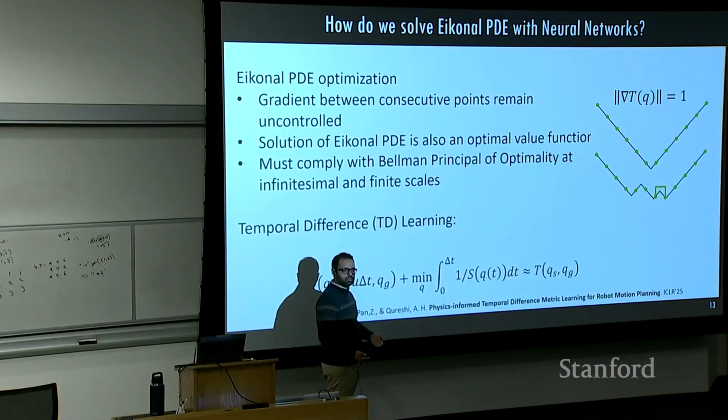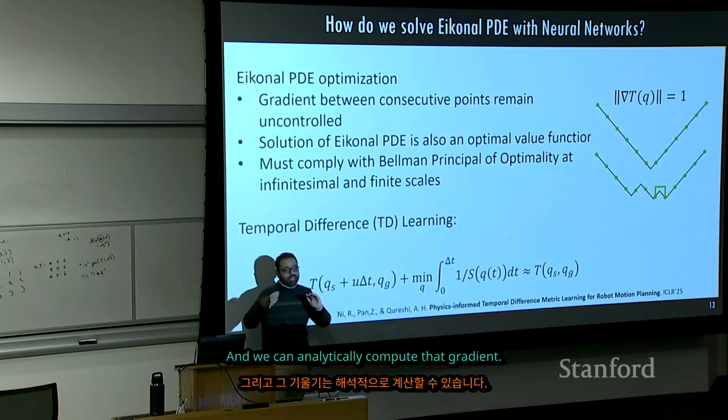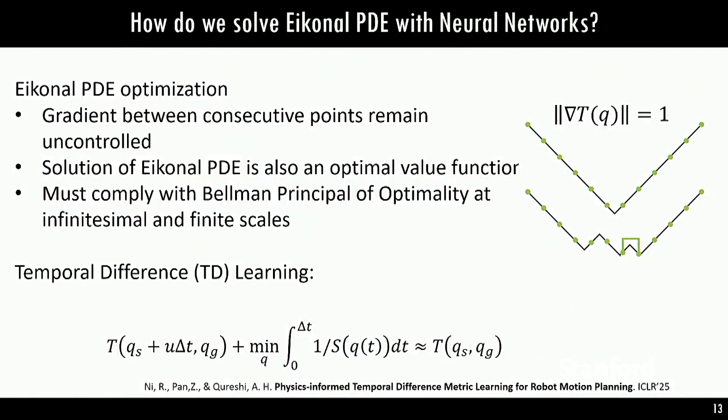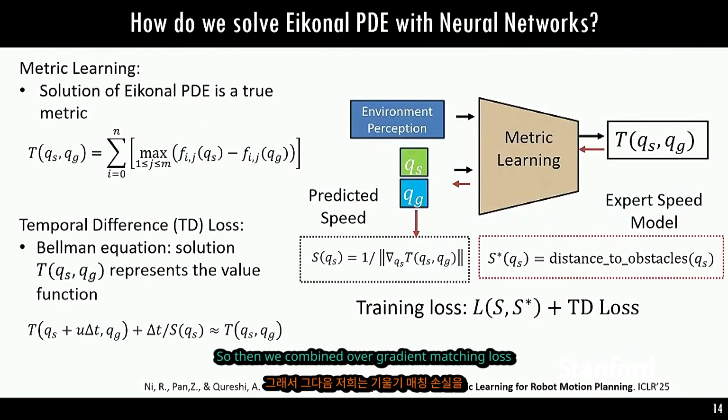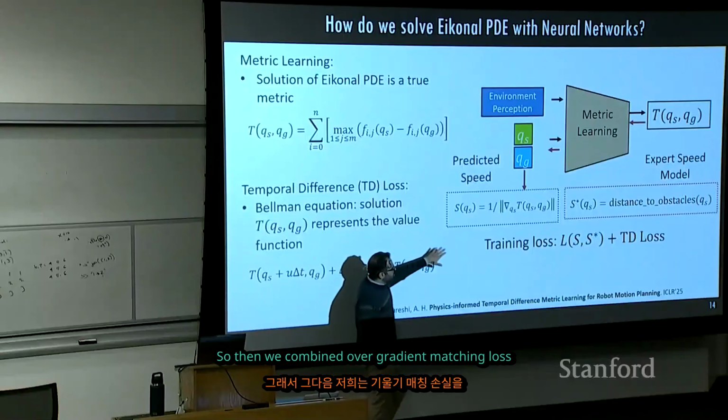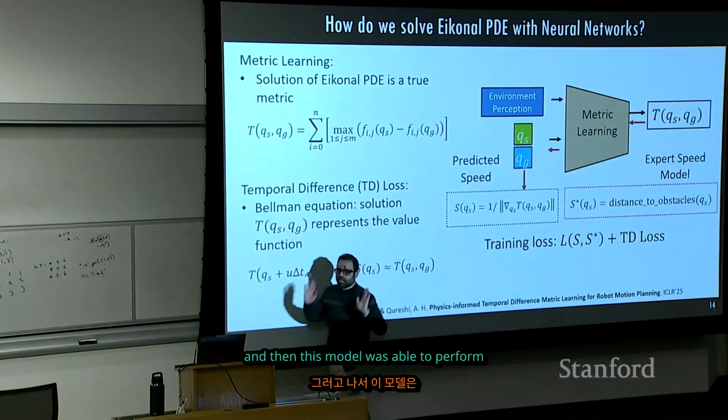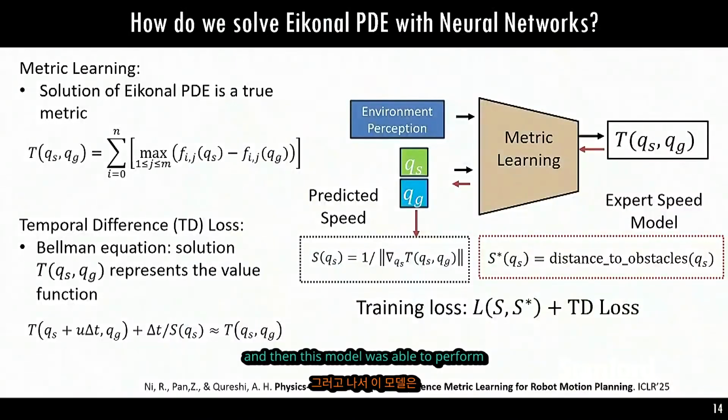That's your next state, and we can analytically compute that gradient. Then we combined our gradient matching loss with this TD loss, and this model was able to perform really well. We were able to scale it to very high dimension problems that I will show you shortly.